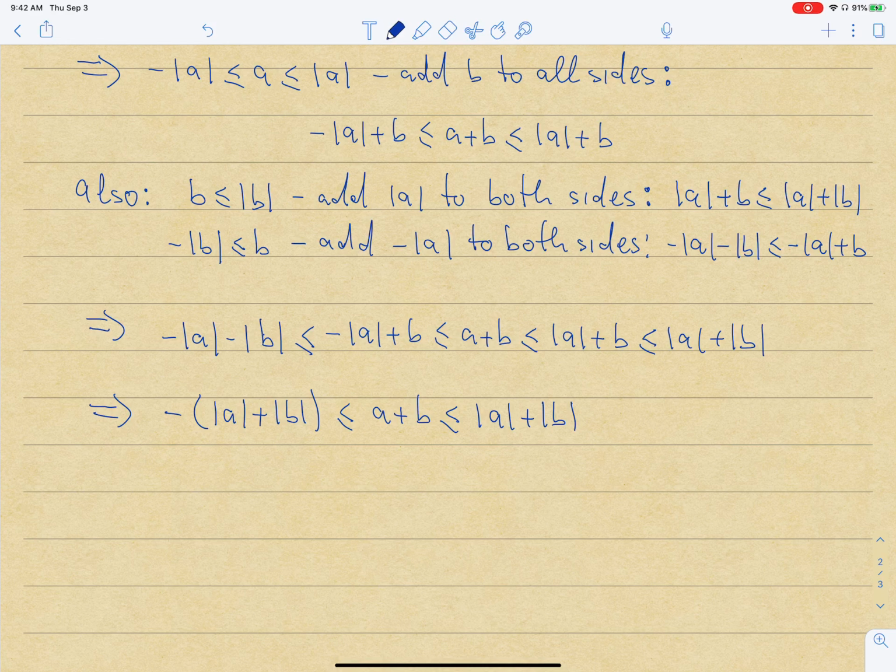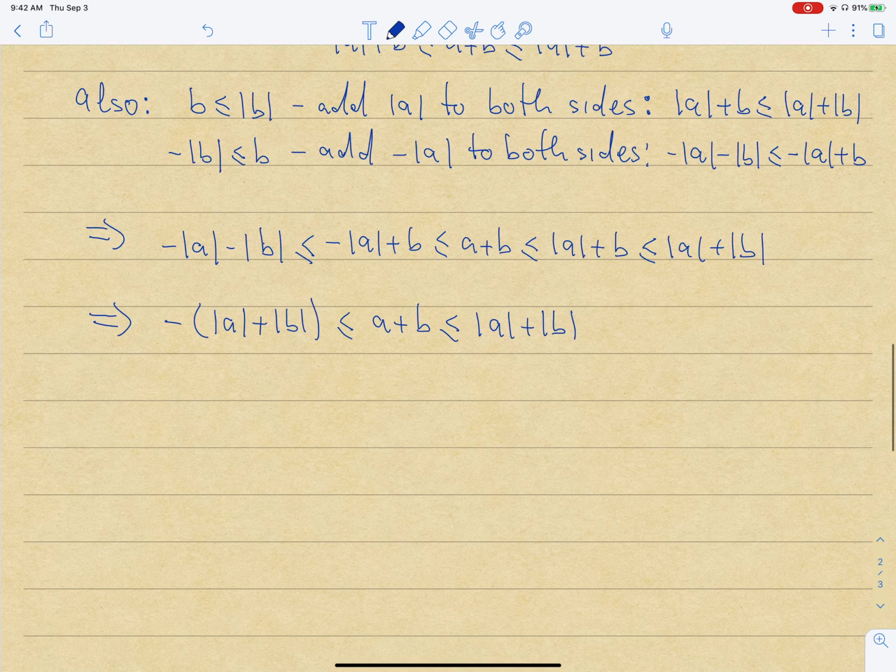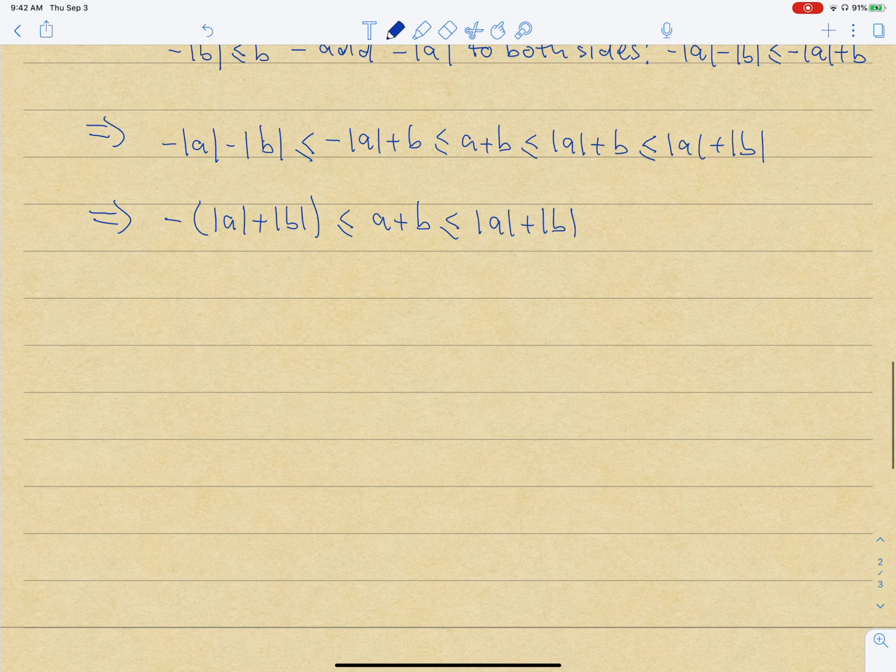Okay, so what sort of things then can I conclude from this? Well, what is the absolute value of A plus B?